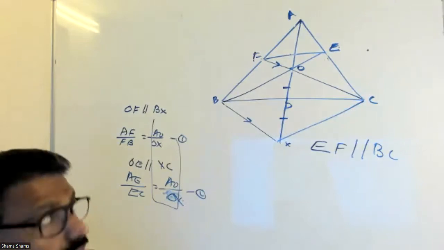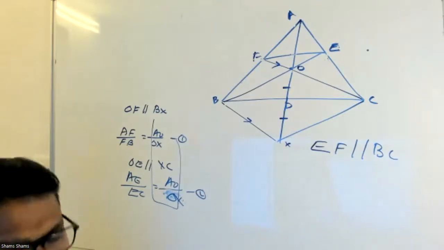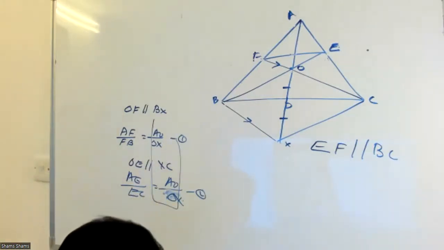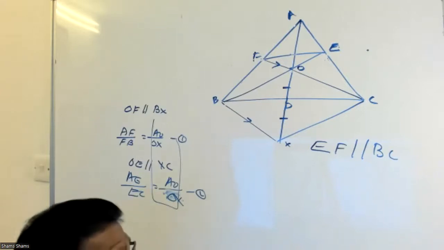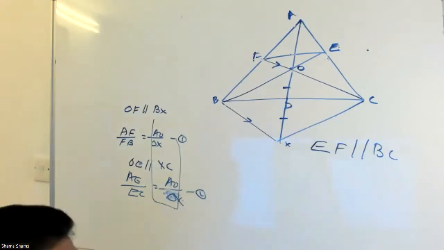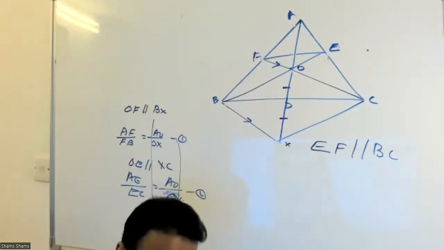Okay, we can start. BD equals DC, with full reason in brackets: AD is a median. Then OD equals DX, given.